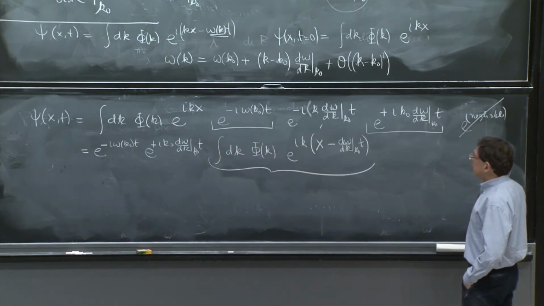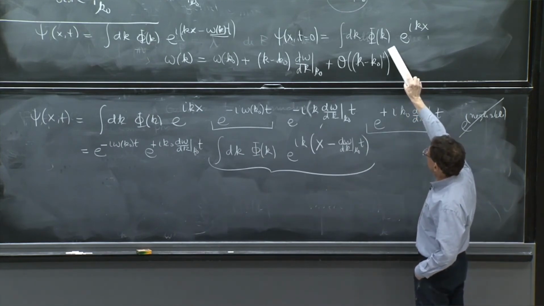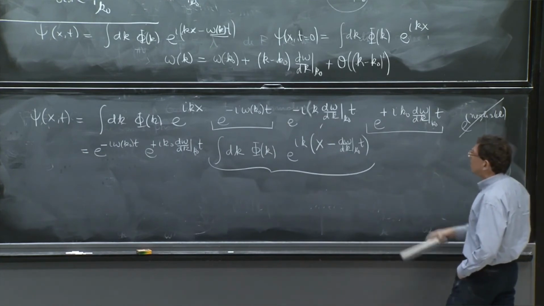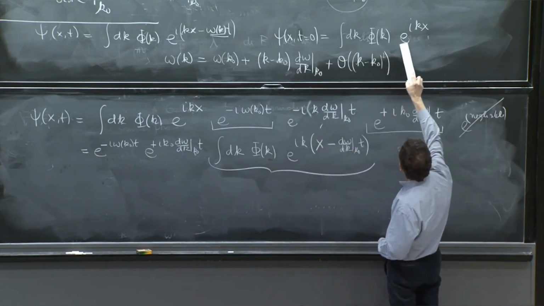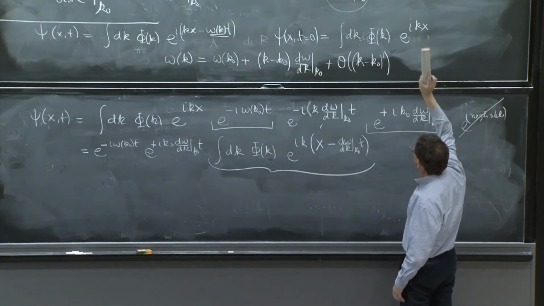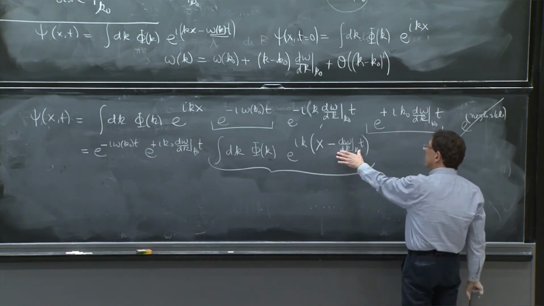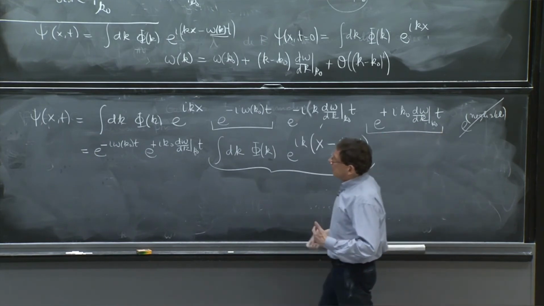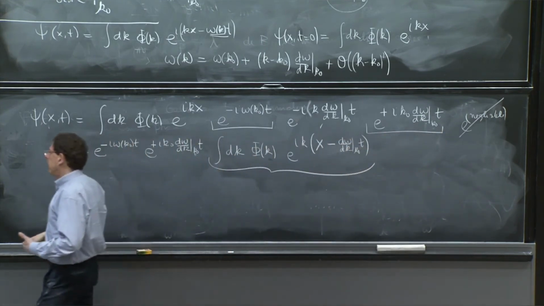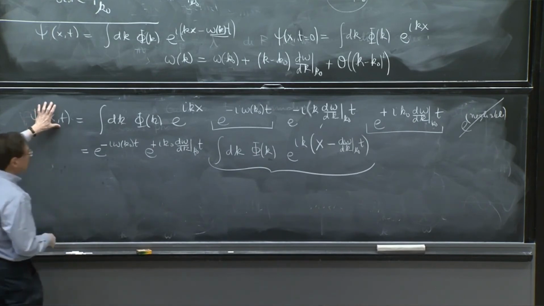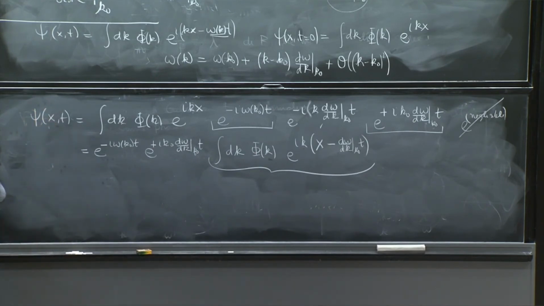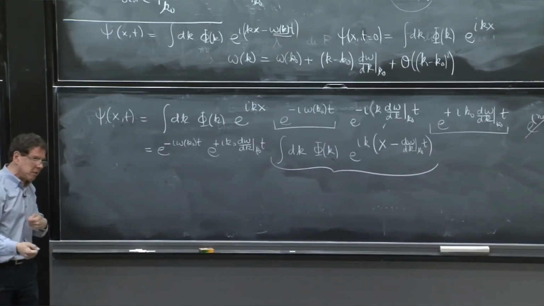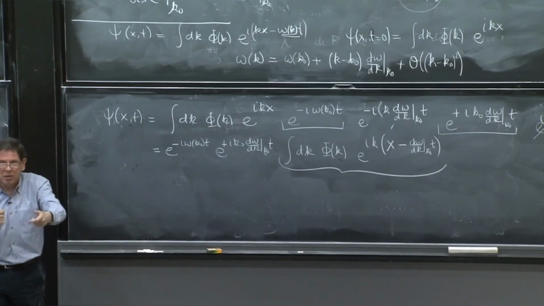This quantity can be written in terms of the wave function at time equals 0. It's of the same form. A phi of k integrated with e to the i k and some number that you call x, which has been changed to this. To make it a little clearer, and many times it's useful, if you have a complex number, it's a little hard to see the bump because maybe the bump is in the real part and not in the imaginary part, or in the imaginary part and not in the real part.